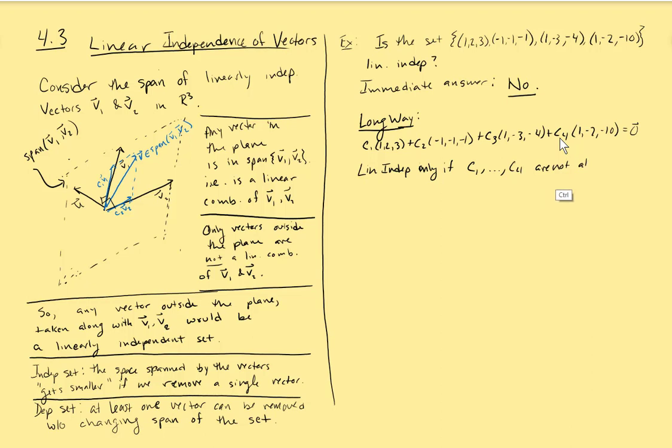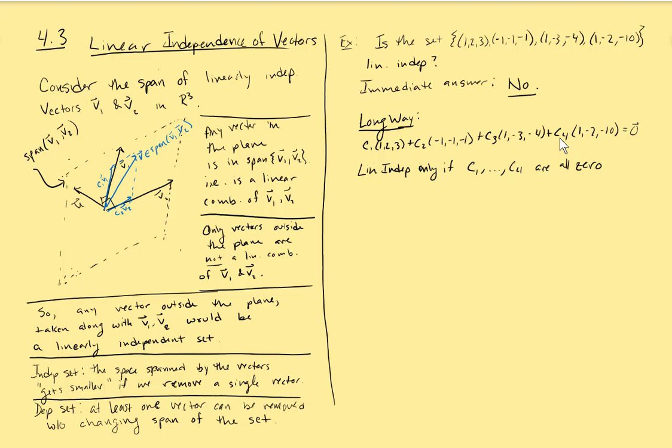Refer back to that definition there. If all those scalars have to be 0 for this linear combination to be the 0 combination, that means these are all independent. Right? There's no one that we could do without and still span the same space.